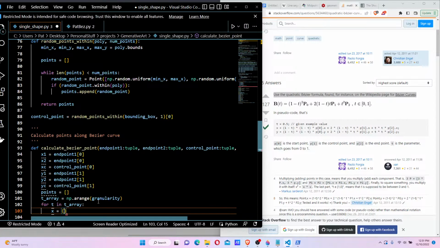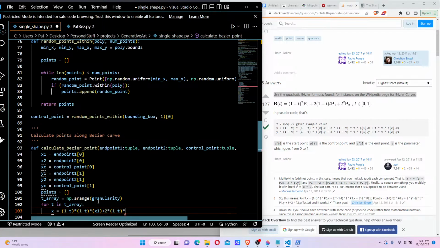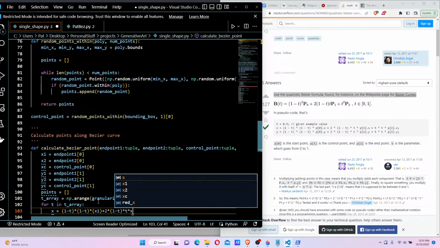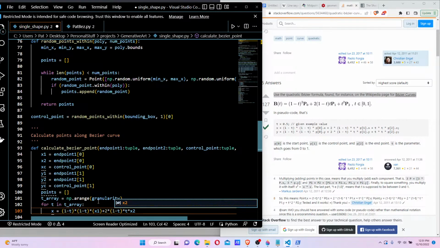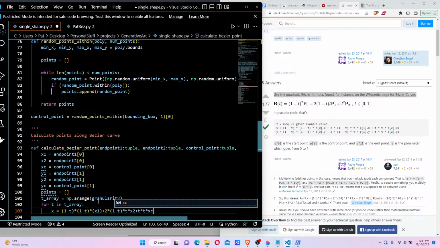So for t in t array, x is equal to 1 minus t times 1 minus t times 1 minus t times start point of x, so x1, plus 2 times 1 minus t times t times x2, plus t times xc.